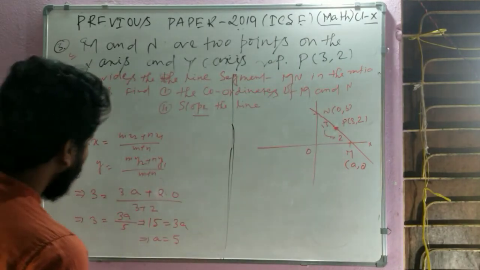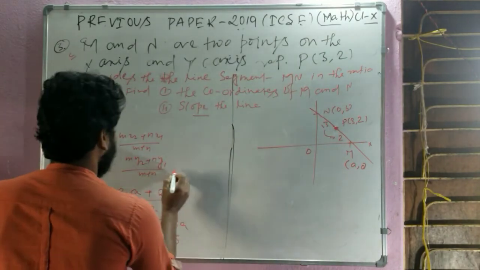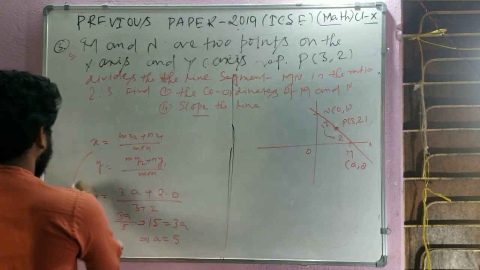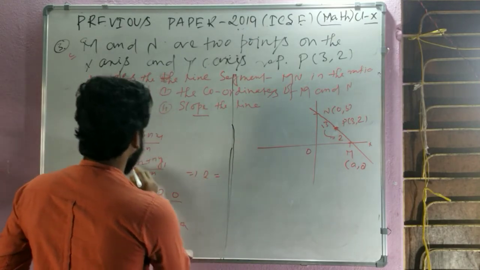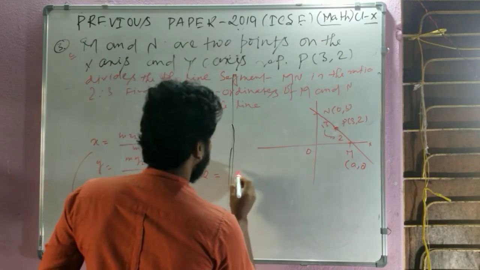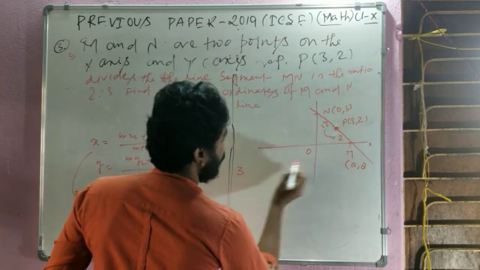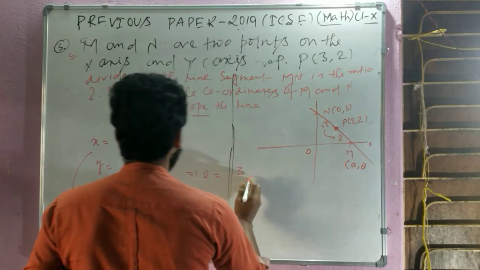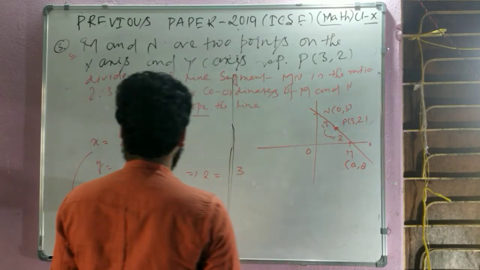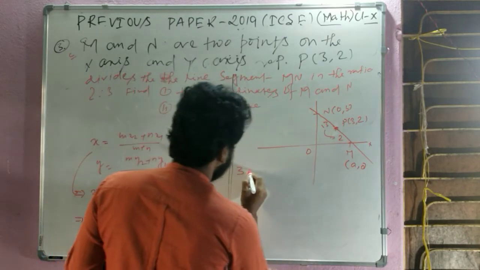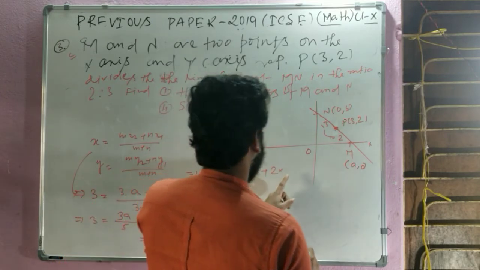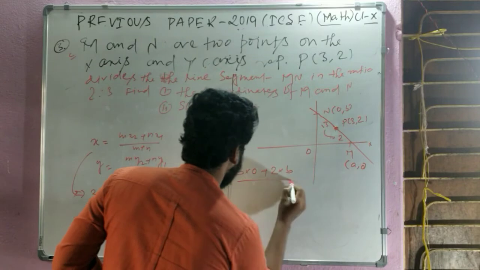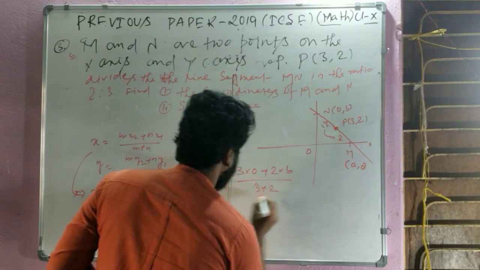A equals 5. Next, for y: 2 equals my2 plus ny1 by m plus n. M means 3, y2 means b, plus 2 into 0, divided by m plus n, 3 plus 2.